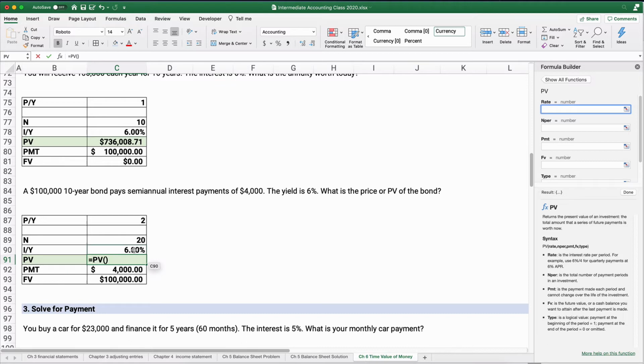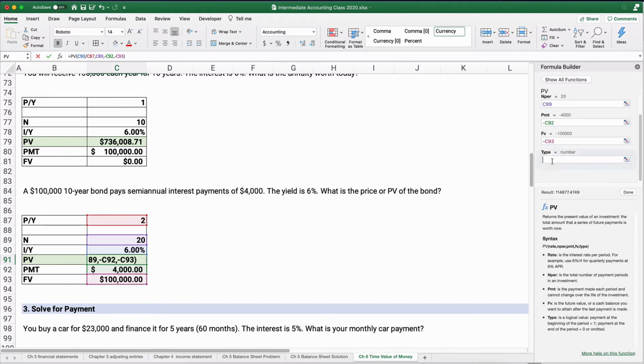The rate is 6%, and we need to divide it by the 2. We were dividing by 1 earlier, which is not very meaningful, but that gets you in a good habit. The number of periods is 20. The payment, I can make it negative here. I'll put in negative $4,000 and a negative $100,000, so my answer comes out to be positive.